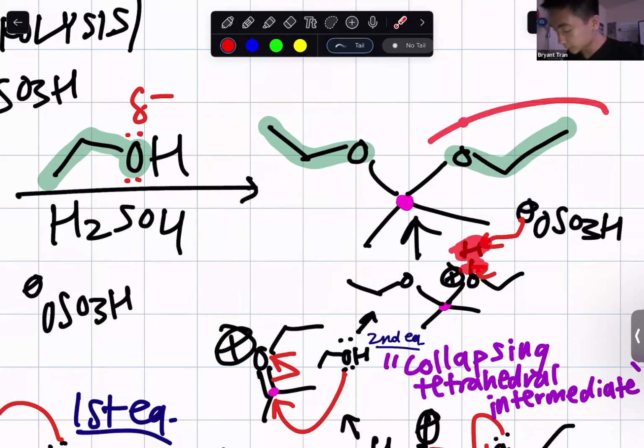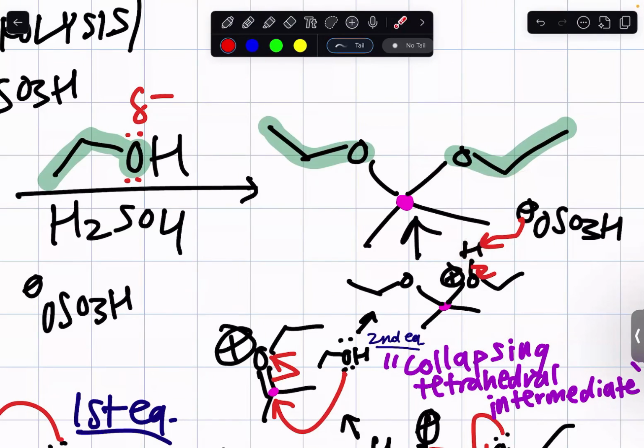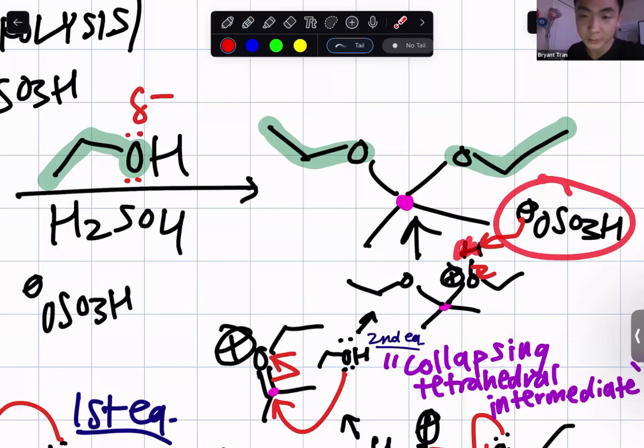Okay, so that's where the HSO4 minus comes in again then, basically. Yeah, whenever you want to get rid of a proton, get rid of a hydrogen, that's when you bring in HSO4 minus. HSO4 minus will always do an acid-base reaction and take away a proton, take away a hydrogen from something.